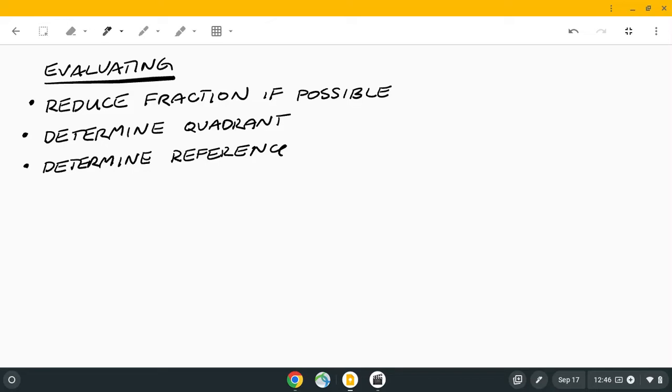Here it's going to be the same thing, except in radian form. So determine the reference angle, and it's going to be either pi over 6, pi over 4, or pi over 3.